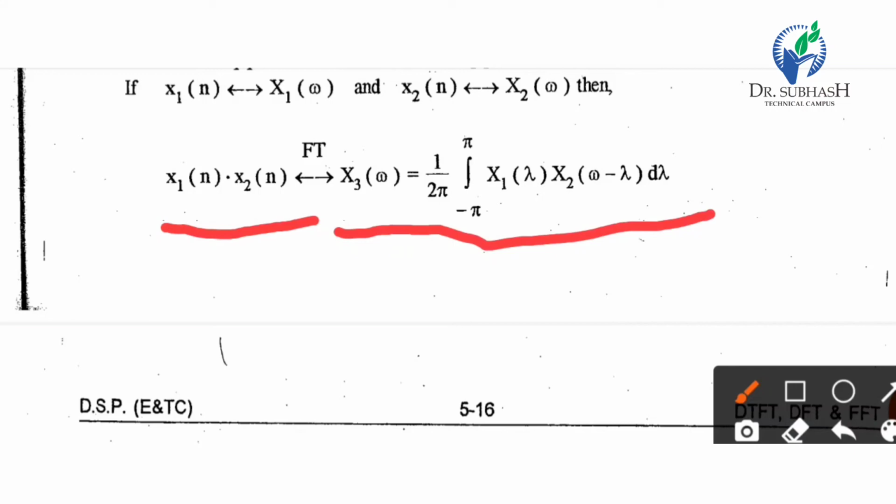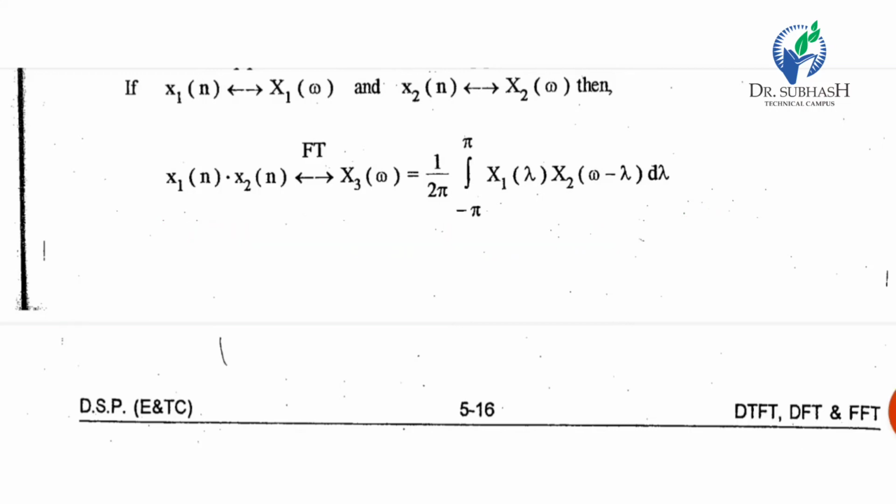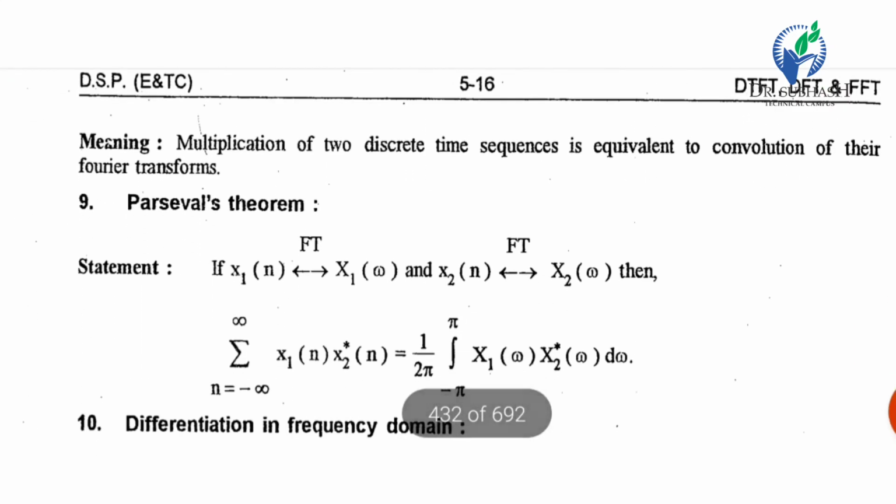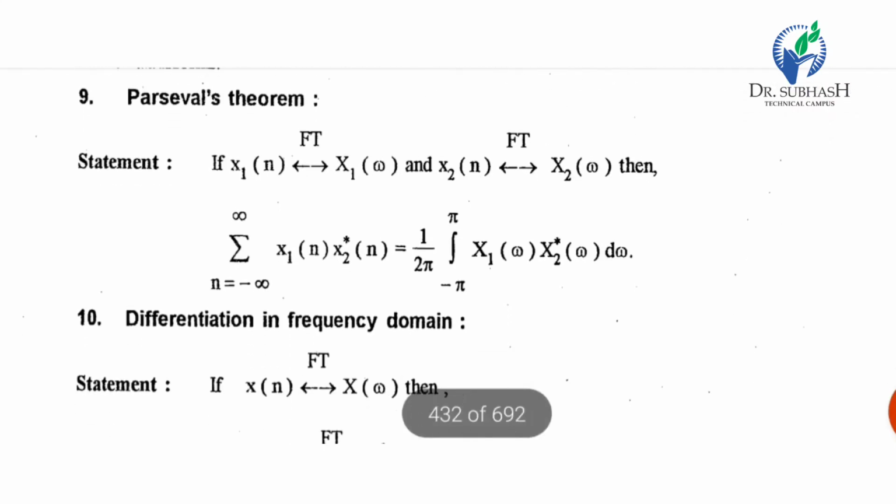So multiplication of two discrete time sequences is equivalent to convolution of their Fourier transforms.